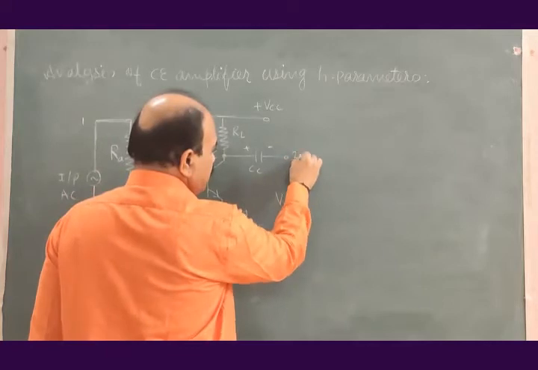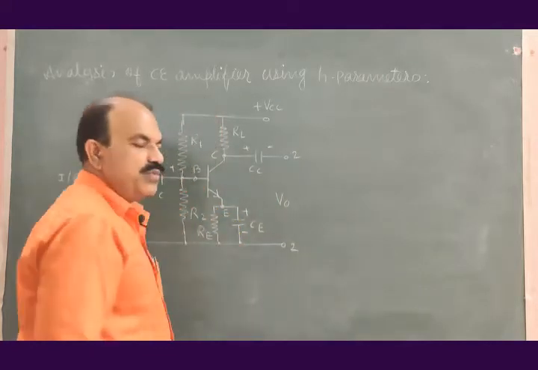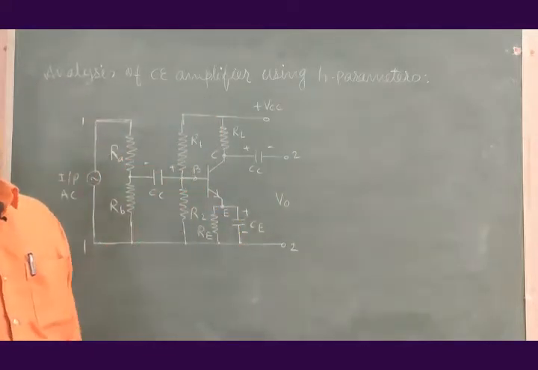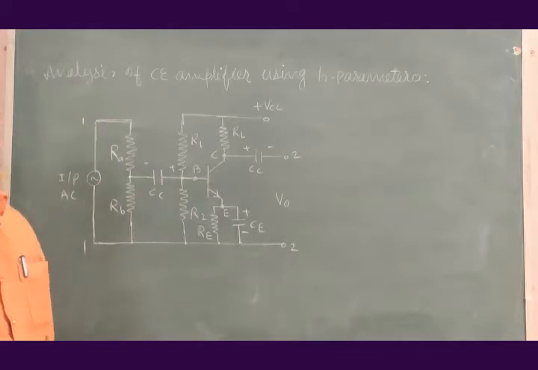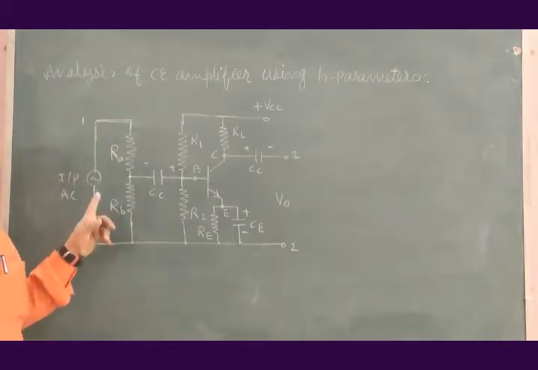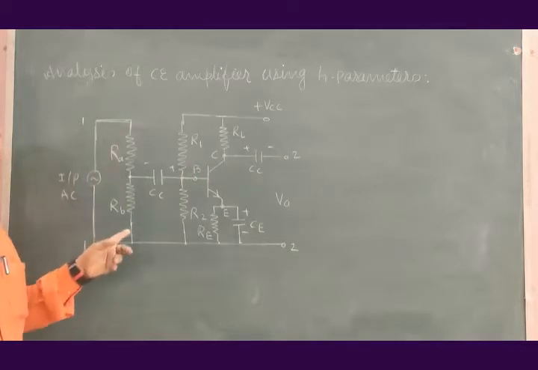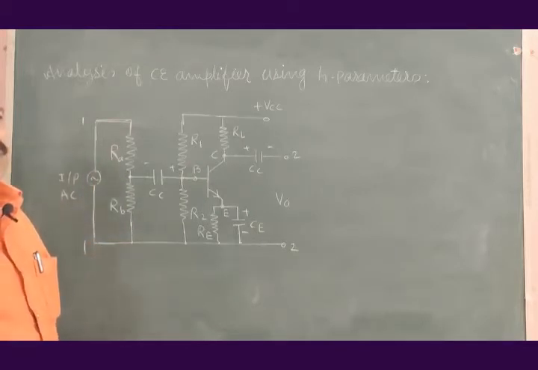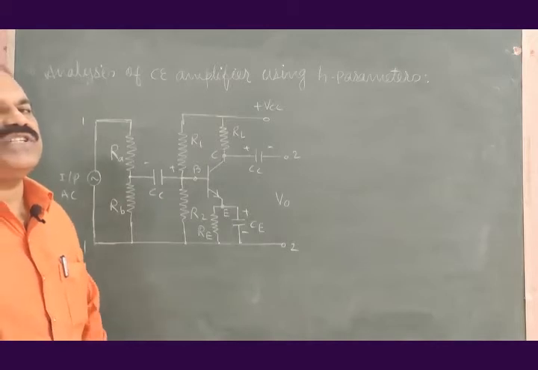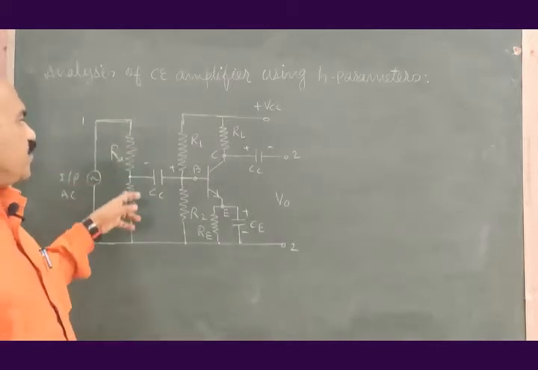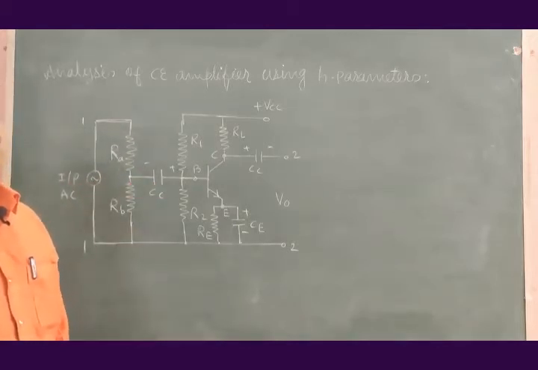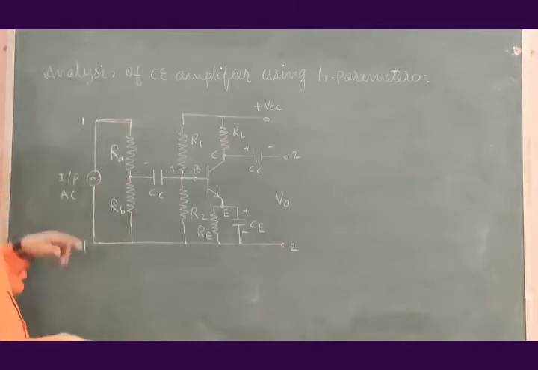You consider this terminal as 2-2, where output AC voltage is taken. RA, RB, these are constructing the attenuator circuit. These two together form the attenuator circuit.